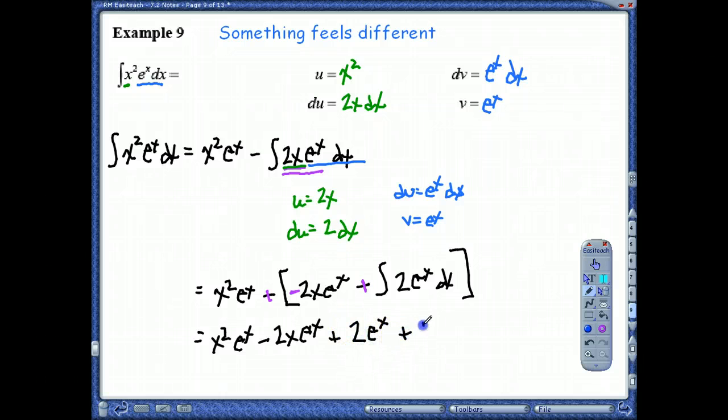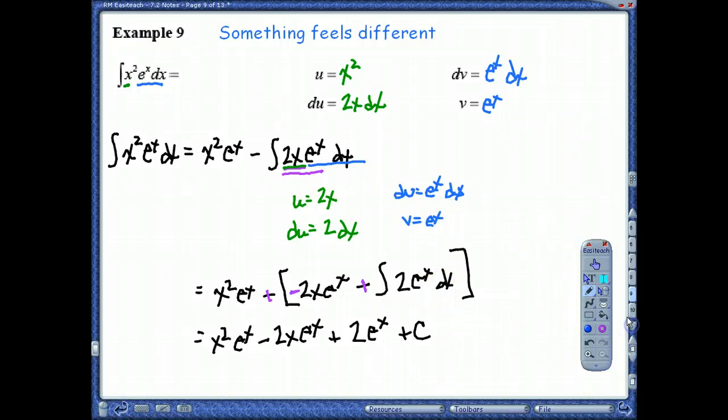Don't forget your plus c. So I had x squared times e to the x dx. I had to use integration by parts 2 times because even though that u part was getting smaller, it took 2 full times before I could get it to an integral that I could integrate.